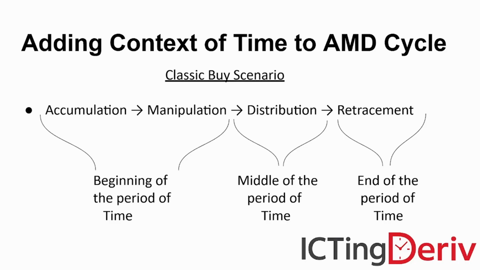At the beginning of whatever period of time or candle that you're watching that is forming, there will be accumulation and manipulation, right? Then towards the middle of that period of time, after the manipulation takes place, you get your distribution. And at the end of that distribution, you have that retracement, which happens at the end of time, right?